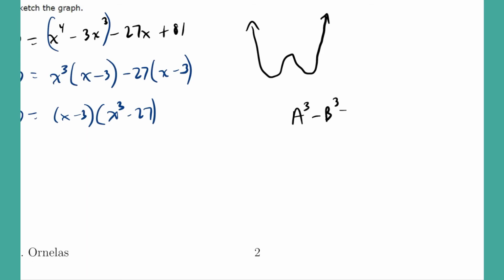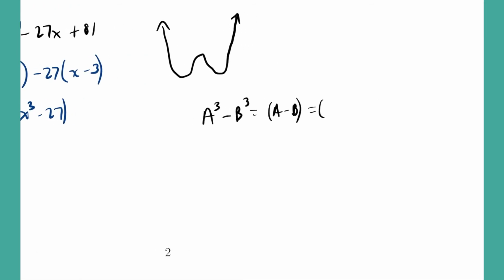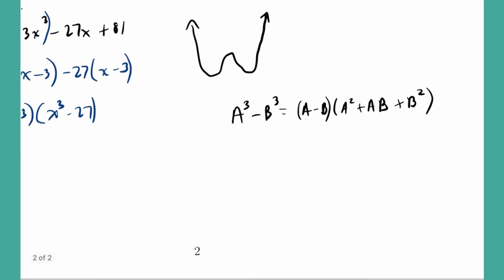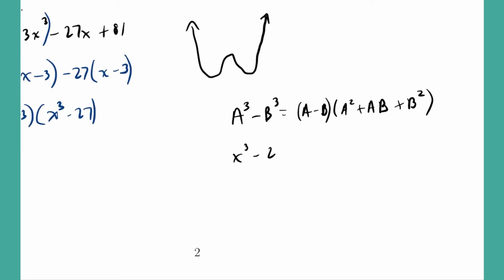You may have to recall what the formula looks like. It looks like this. A minus b, times a squared plus a times b plus b squared.